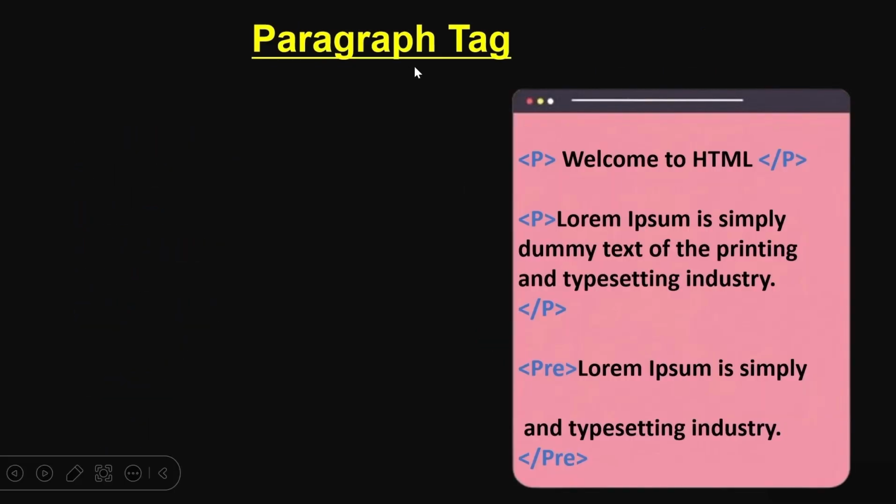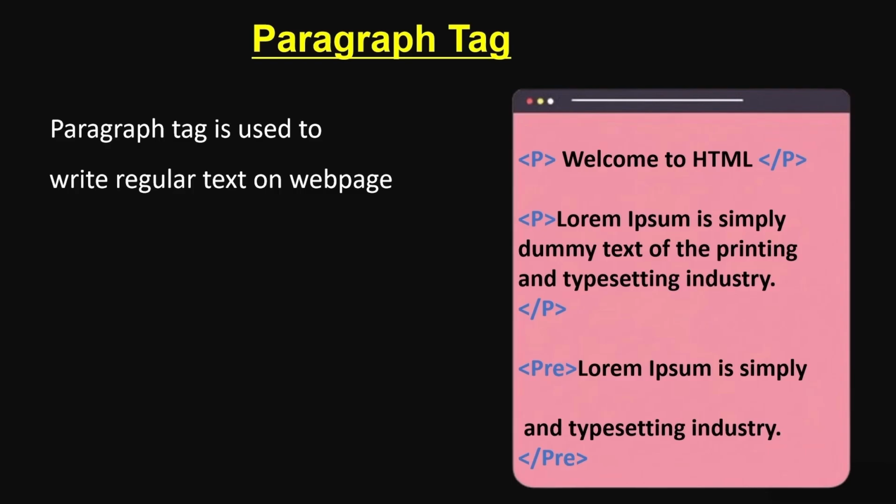Paragraph tag. The paragraph tag is used to write regular text on a web page. If you want to insert regular text into your page, you will need to use a paragraph tag. Let's see the example.